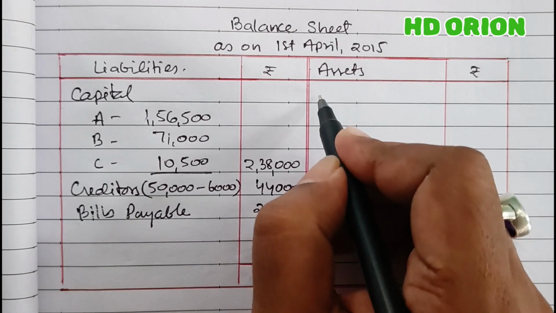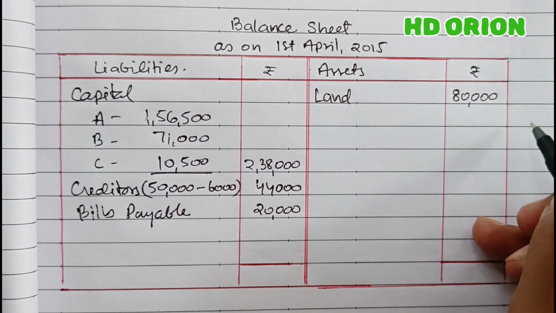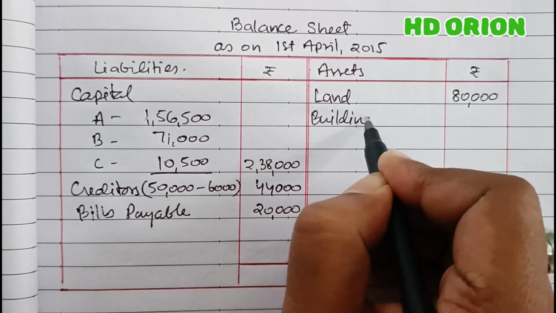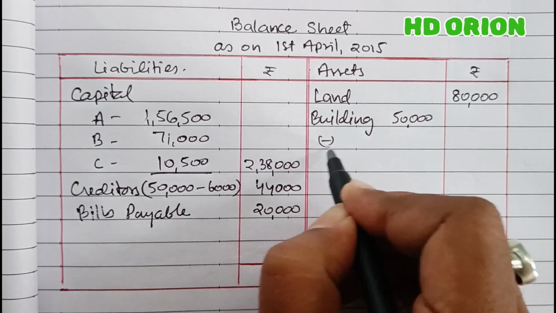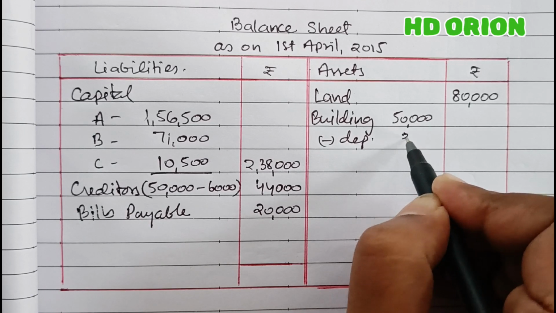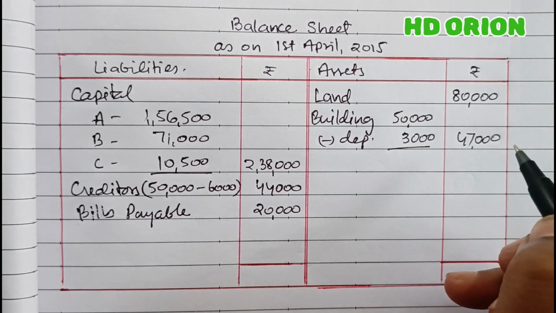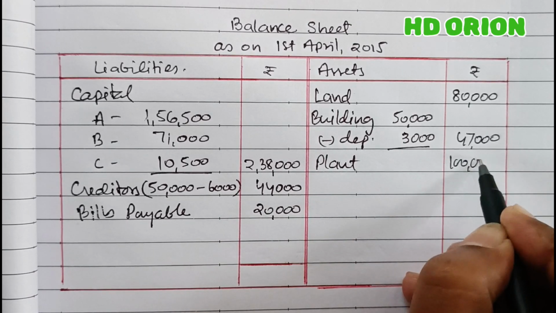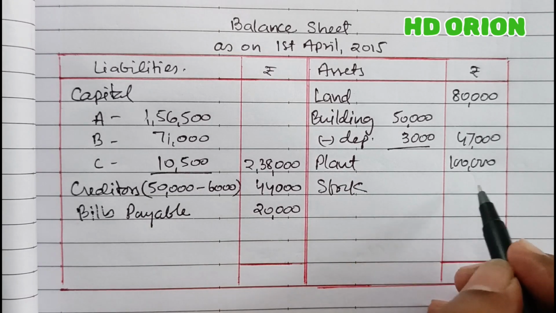Now to the asset side, land's value is increased to 80,000 rupees, and building is of rupees 50,000, and we have depreciated it by 3,000. It is 47,000 rupees building remaining. Then plant, no change in the value of plant, rupees 1 lakh, and stock, no change in the value of stock, rupees 40,000.